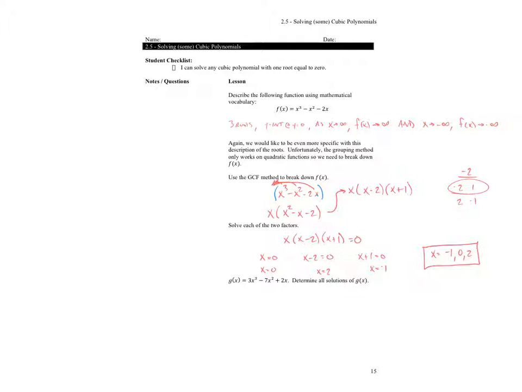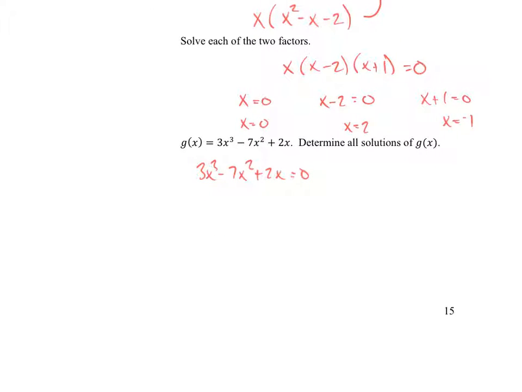All right, let's do the same thing with g of x down here. It says to determine all the solutions of g of x. So what I'll do is I'll take my 3x cubed minus 7x squared plus 2x. I'll set that equal to 0. All right, let me zoom in here. And now I can't use any of my double bubble or factoring by grouping methods to solve this.